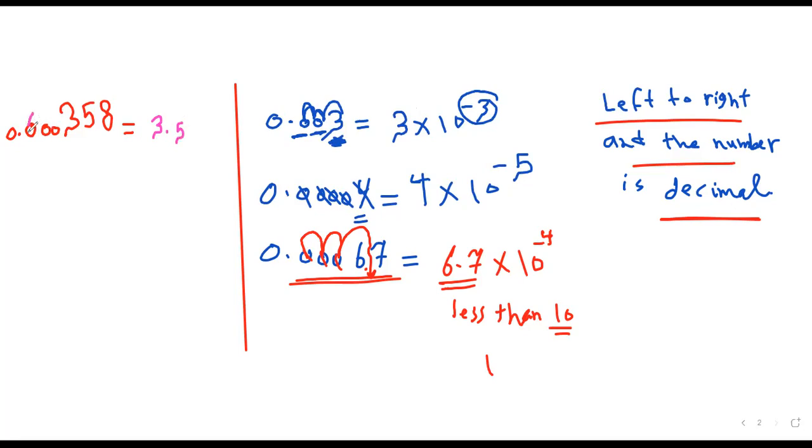Count with me. 1, 2, 3, 4. I stopped here. I have 4 places. So 10 power negative 4. Okay. Thank you.